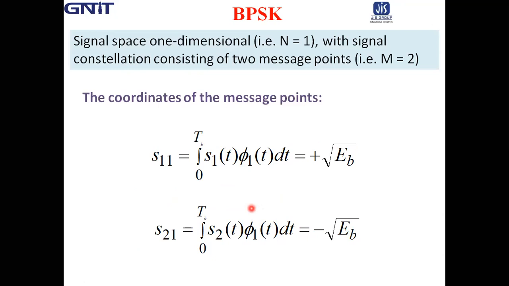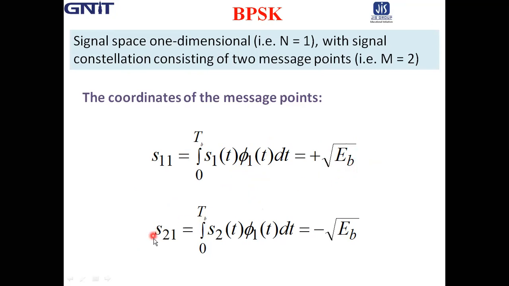So square root of EB into phi 1 square (t) dt. It is normalized to have unit energy, so integration of 0 to TB phi 1 square (t) dt equal to 1. So ultimately it will be plus root over EB.